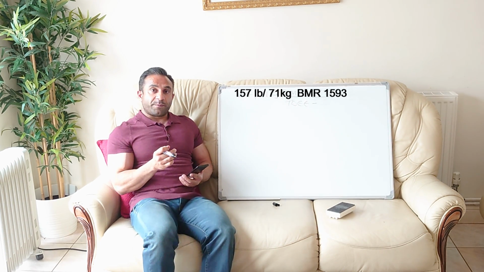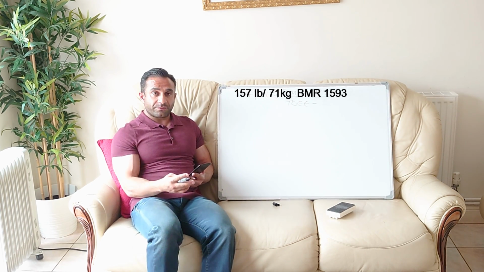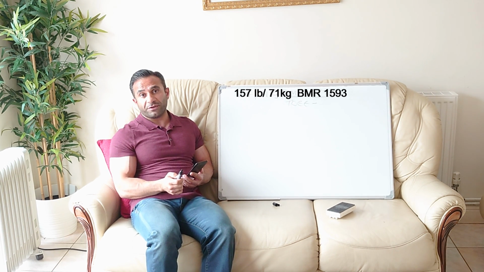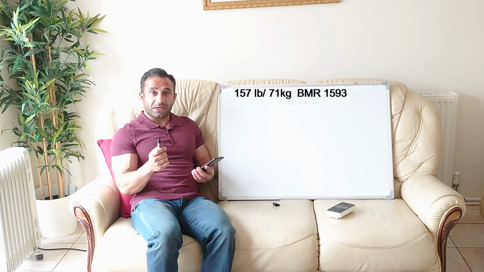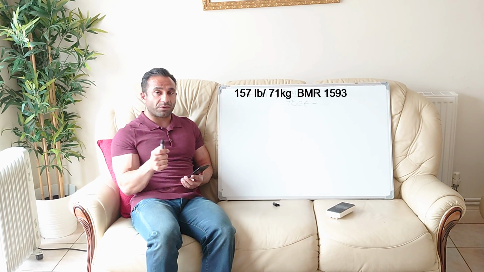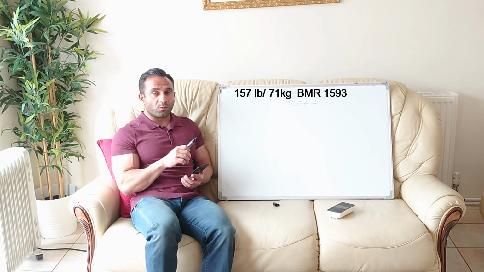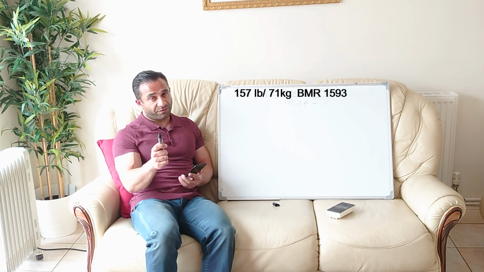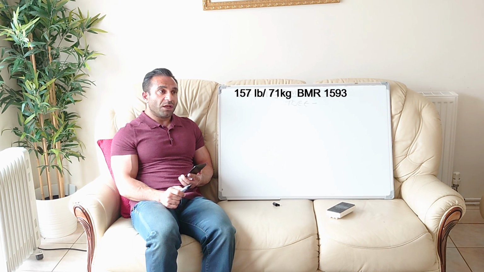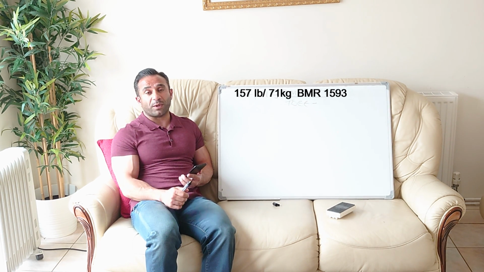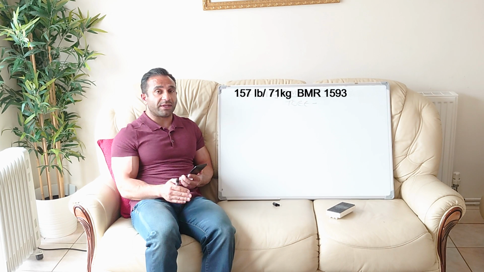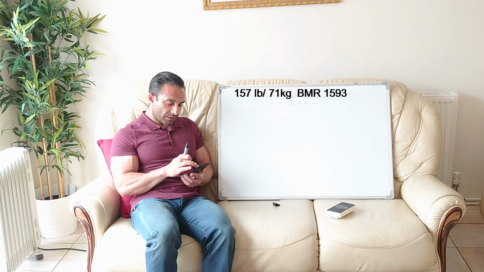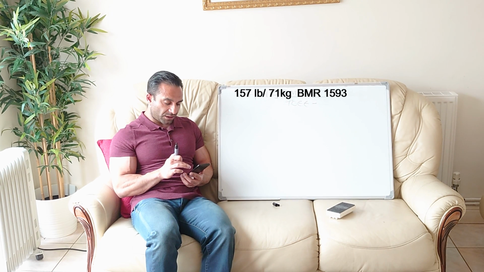So that depends on what job you have. You might be sitting down all day at an office, or you might be a builder or a manual labourer and you're walking around, working hard all day. That's going to affect your calories. And also it depends on how many times a week you exercise, the intensity of the exercise, etc. So for myself, I'm going to put in hard exercise 4 to 5 times a week.